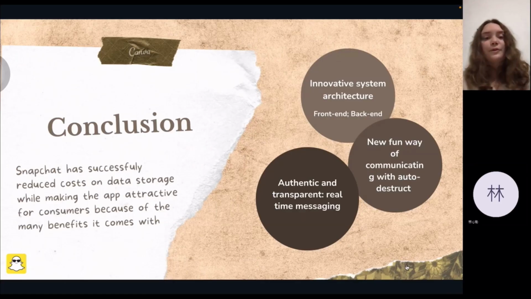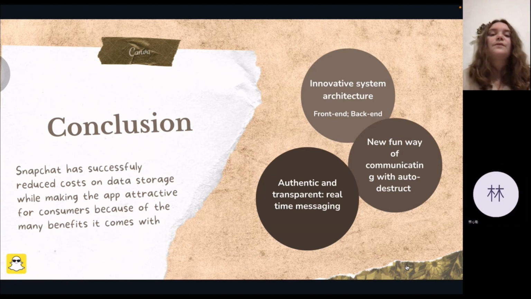So, to conclude this presentation, we can say that since 2011, Snapchat has managed to create a fun application based on fast and instantaneous messaging that is beneficial for users and businesses. The system architecture, front end and back end, as said earlier, has played an important role in Snapchat's success, also differentiating it from Facebook's Haystack technique.